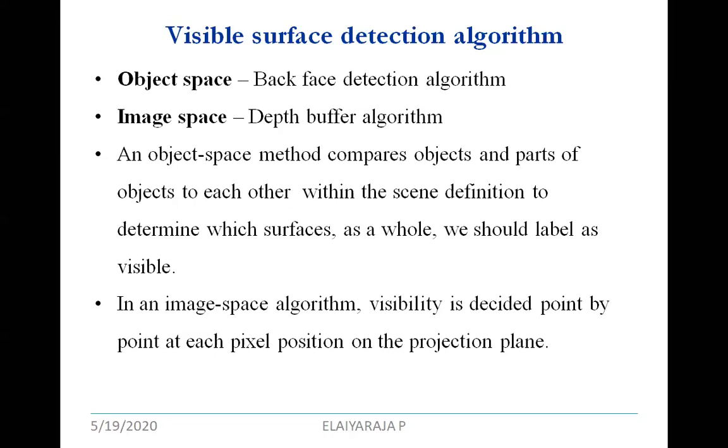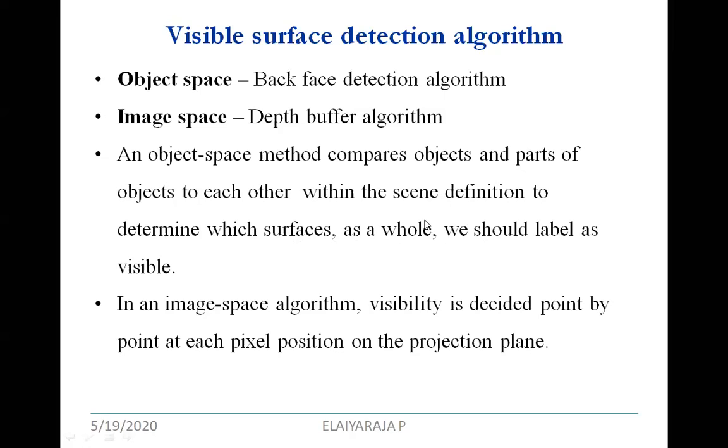An object space method compares the objects and parts of the objects to each other within the scene definition to determine which surfaces can be viewed from the camera viewpoint, either the surface as a whole, or labeling which part of the object is visible.